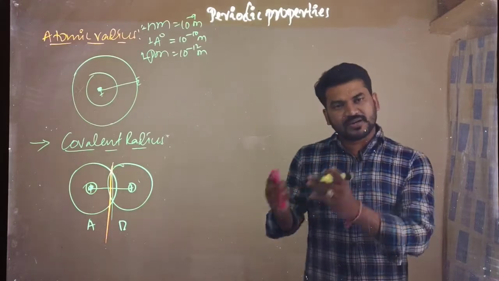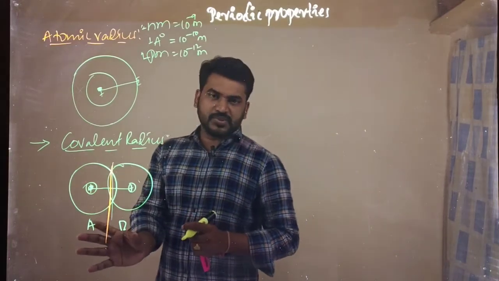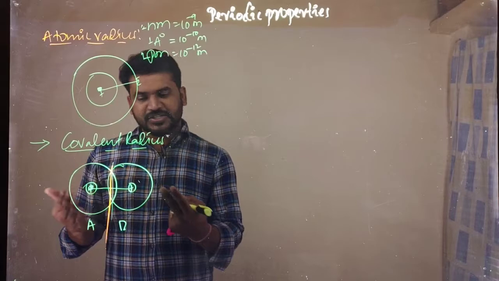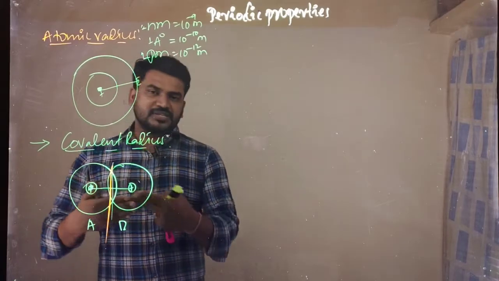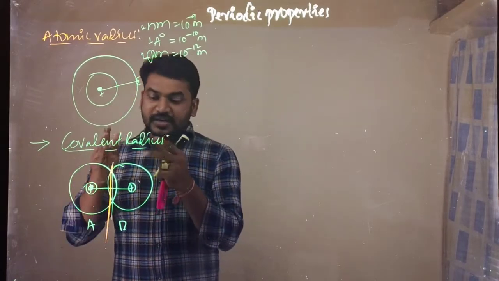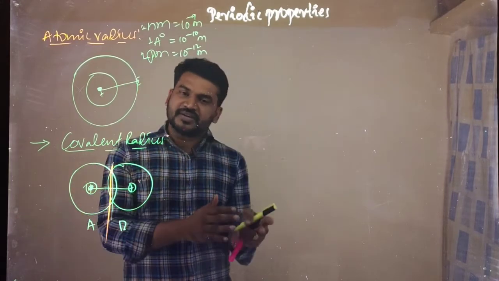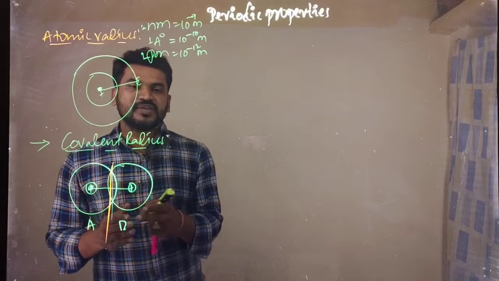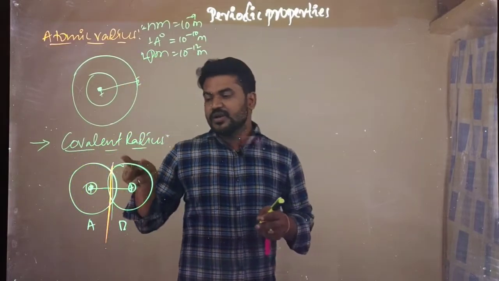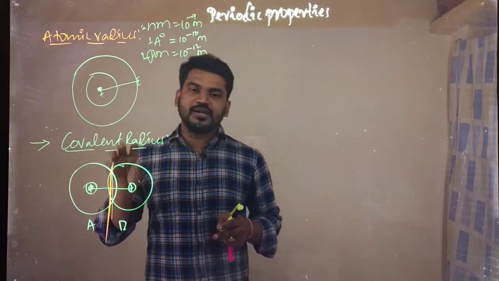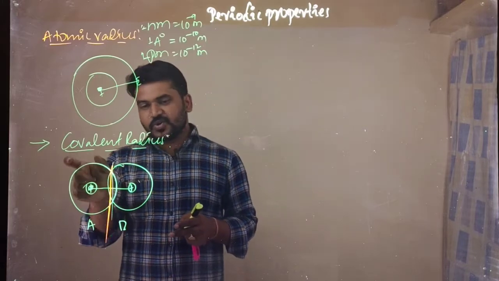In a covalent compound, two atoms combine and share electrons, and some distance is there between the two nuclei. Half of that distance we consider for one atom and half for the other atom. That is half of the internuclear distance between two covalently bonded atoms, which we call the covalent radius.